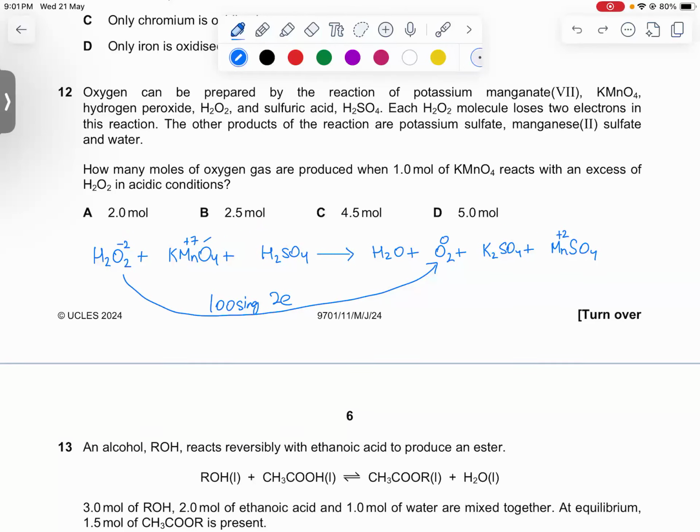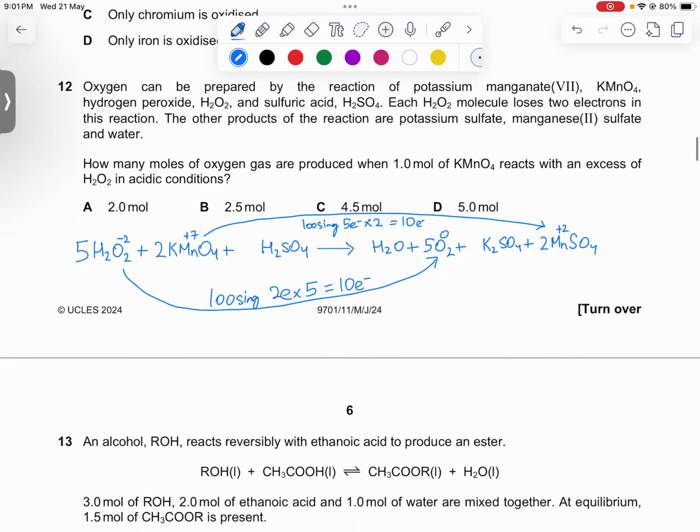So we can say that this is losing 5 electrons. To balance the equation, we'll have to multiply this by 5, meaning we should put a 5 over here and a 5 over here. So 10 electrons are lost in total, and this should be multiplied by 2, meaning we should put a 2 over here and a 2 over here, so that a total of 10 electrons are produced.